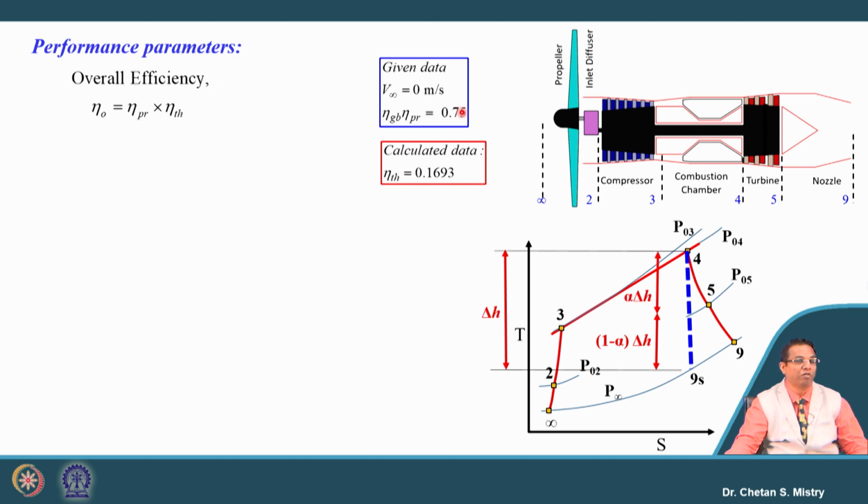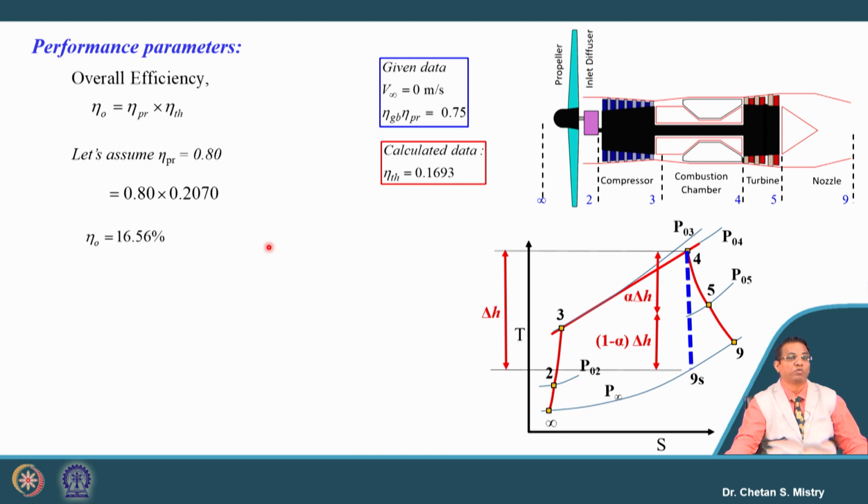But if you recall, we have discussed that conventionally in industry, people safely assume this propeller efficiency to be 80%. So let's take this propeller efficiency to be 80%, and with thermal efficiency of 20.70, that gives the overall efficiency to be 16.56%.